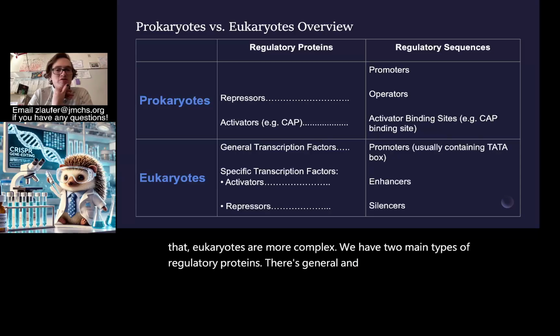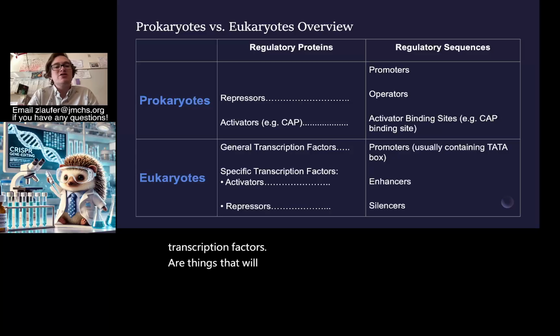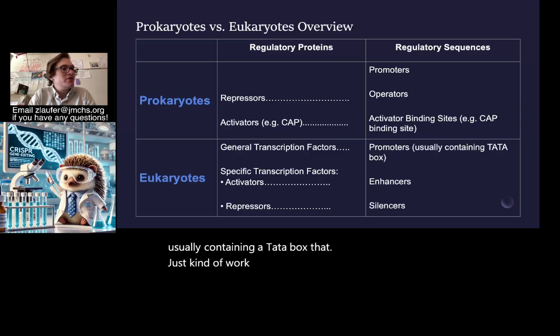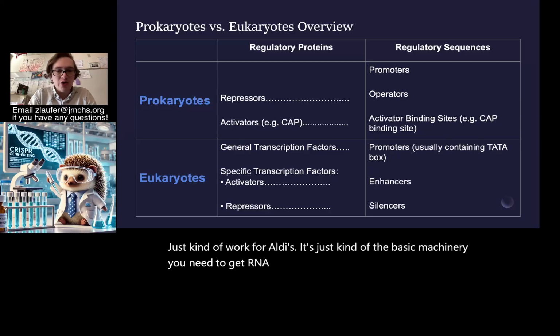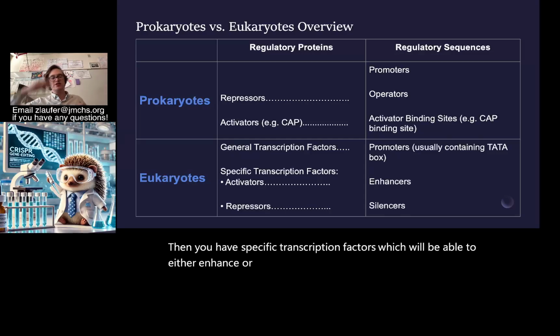Your general transcription factors are things that will just generally bind to the promoter sequences, usually containing a TATA box, that just work for all genes. It's just the basic machinery you need to get RNA polymerase on and get everything going. Then you have specific transcription factors, which will be able to either enhance or repress or silence specific individual genes.